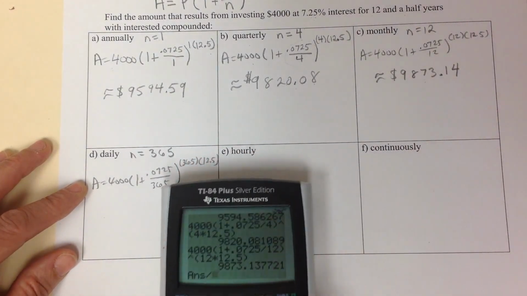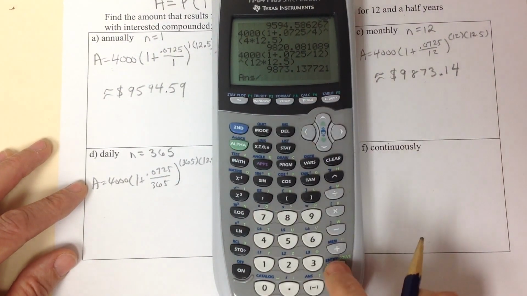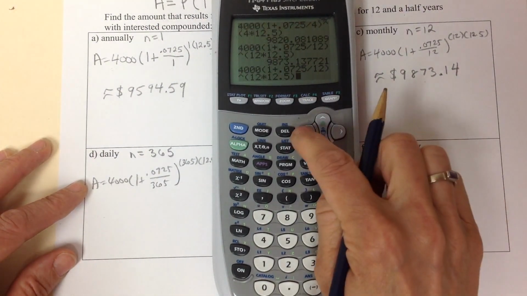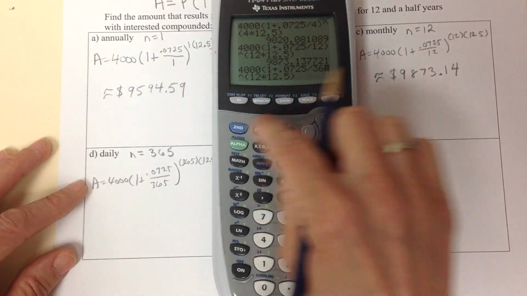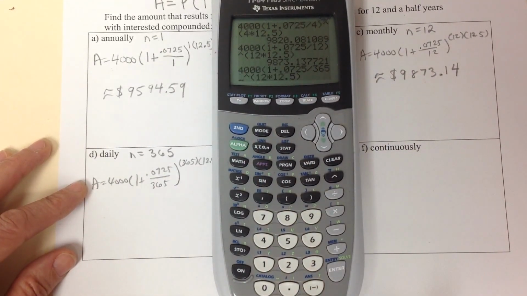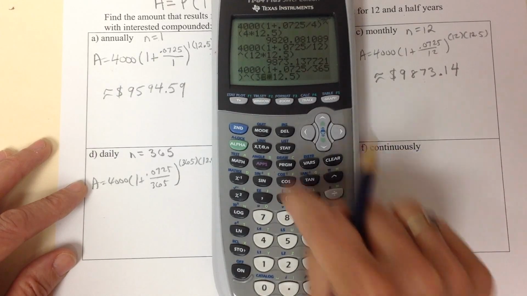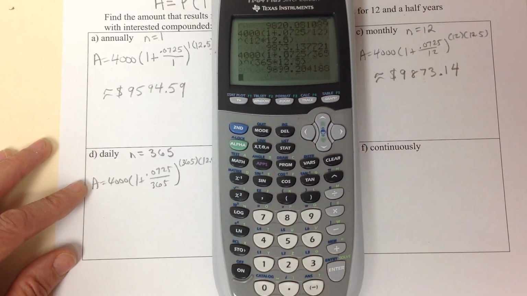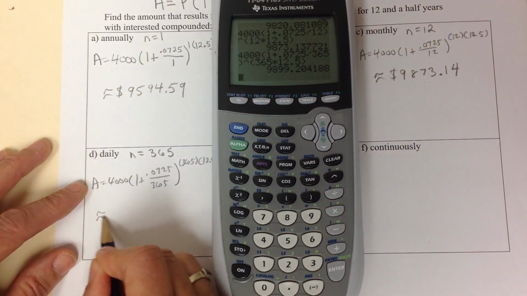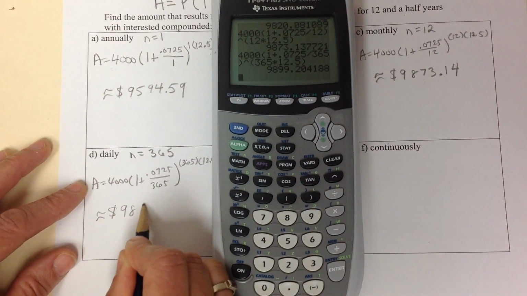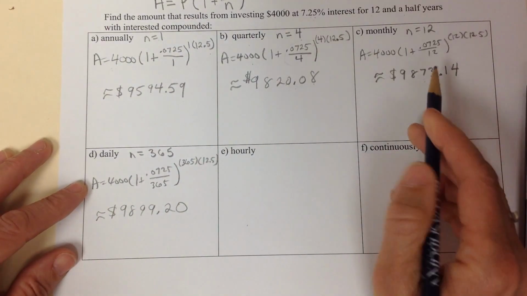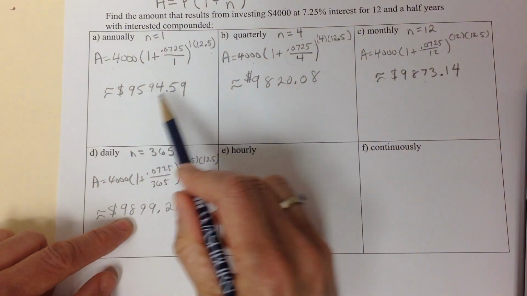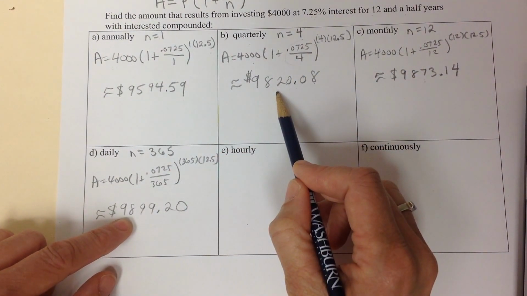So once again, when I do the second enter, and I go back and edit, I'm going to have to watch that I insert my next position. So 365 and 365. This one comes out to be $9,899.20. Again, not much of a difference compared to our first original one, but it's still more money.